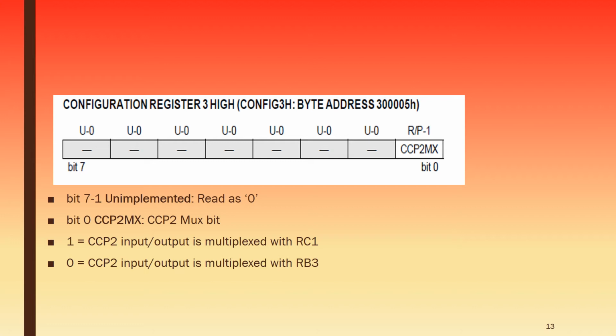Then bits 7 to 1 are unimplemented, so all these bits are read as 0. Only the last bit, bit 0: if it is 1, then the CCP2 input/output is multiplexed with the RC1 bit, and if it is 0, then the CCP2 input/output is multiplexed with the RB3 bit. So this particular thing you have to remember. In timer operations, I will discuss in detail the significance of the CCP2 bit.